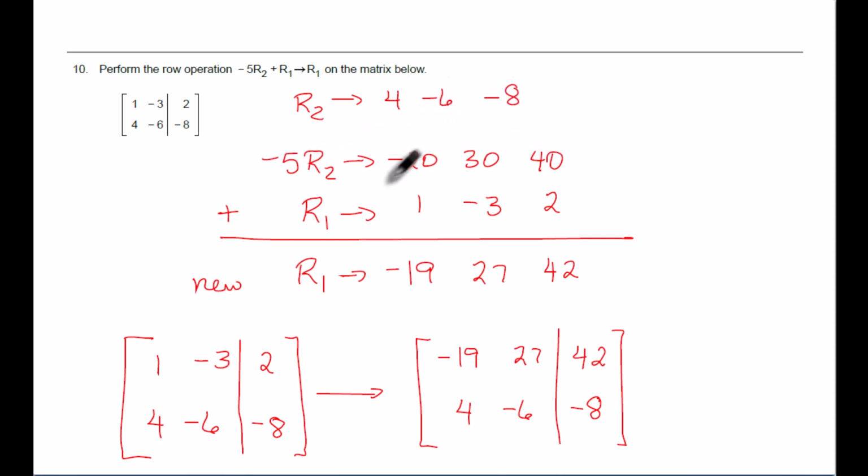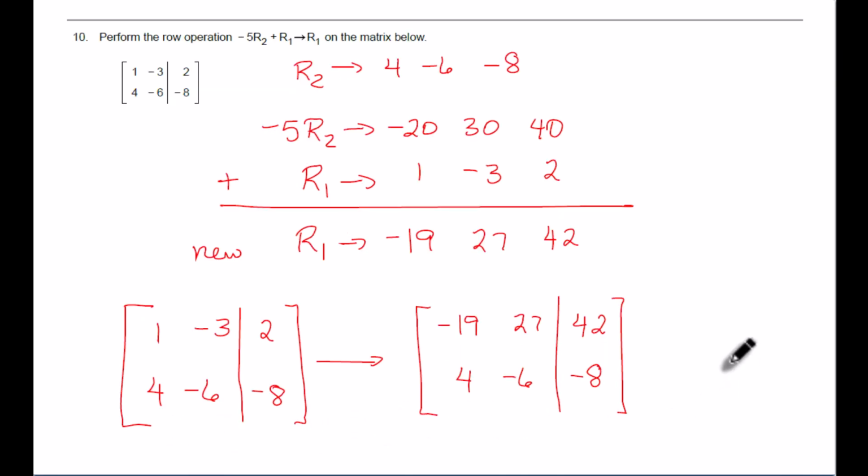All right, I'm going to add that to row 1. Here's row 1. Add them up. I get a -19, a 27, and a 42. That is my new row 1, so I just copy it down in the matrix. There is no change to row 2.